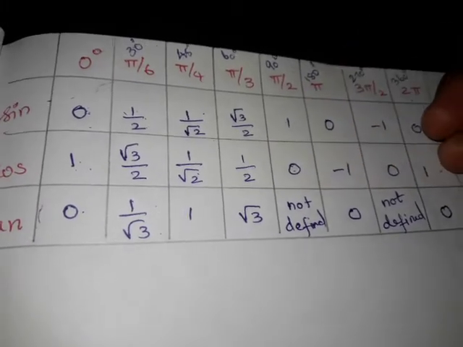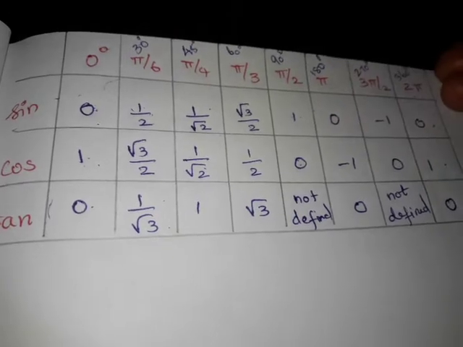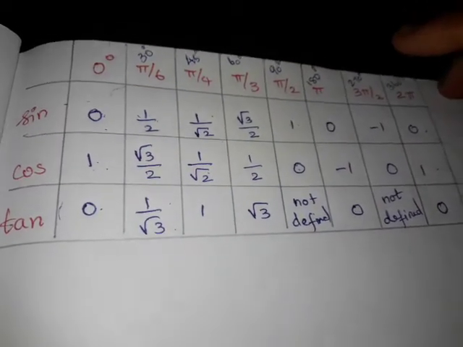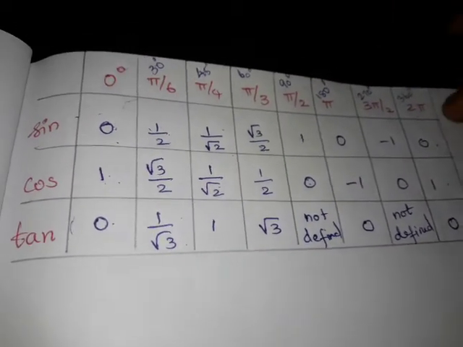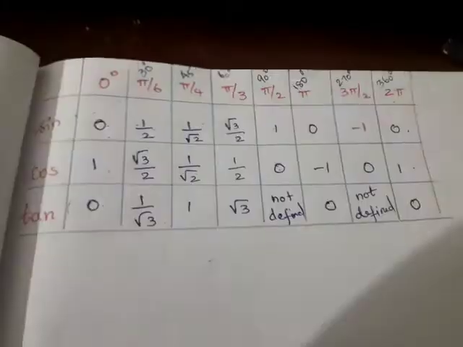So in this way you can remember the sine values and cos values for the remaining angles pi, 3 pi by 2 and 2 pi. Anyhow, you have to remember the entire table, have some clues and hints and remember the values for all these standard angles, right?